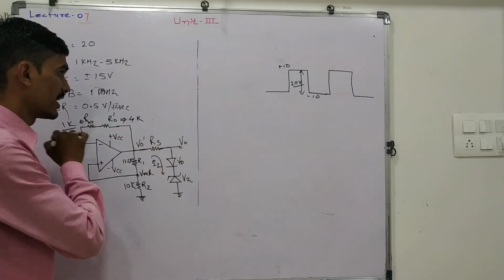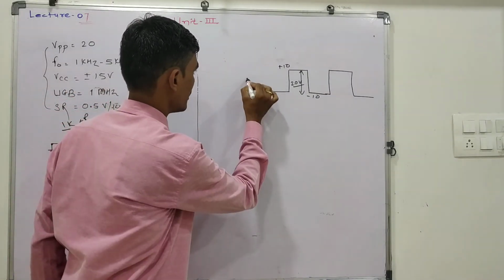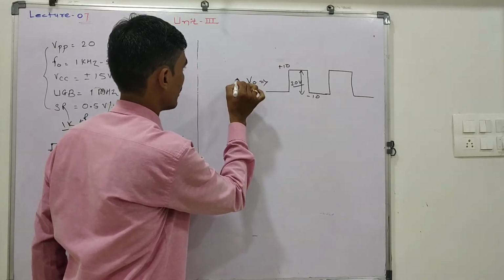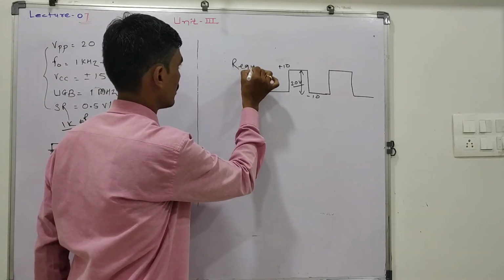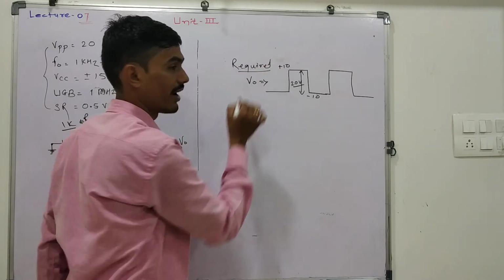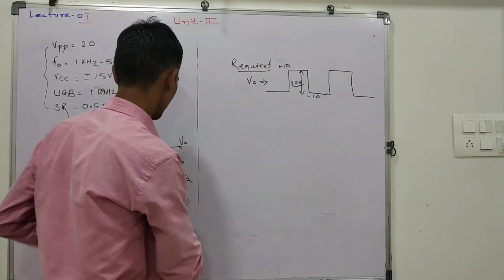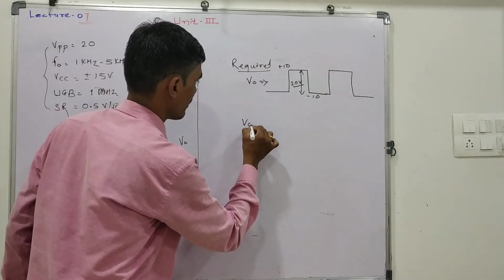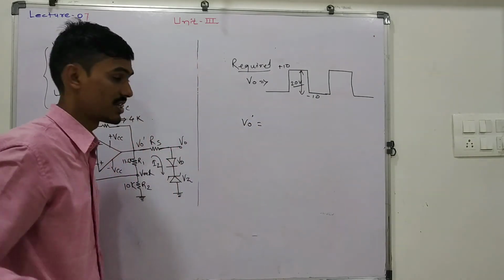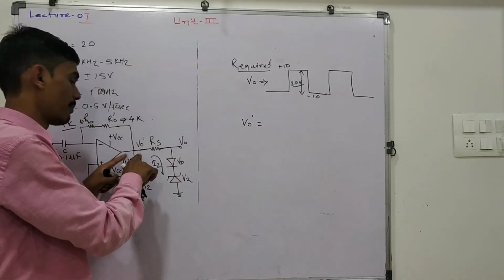Now if we take the output voltage at VO dash, this is nothing but the VO that is required. And how are we getting VO dash? VO dash is equal to plus minus Vsat, because VO dash is nothing but the output of the operational amplifier.